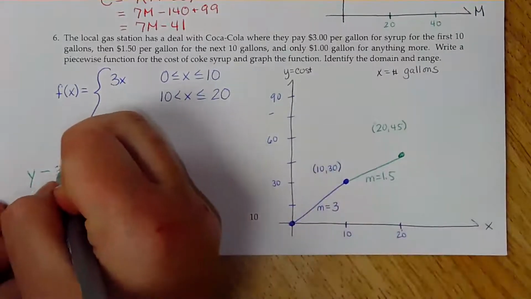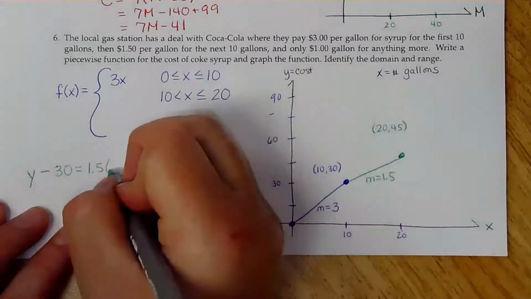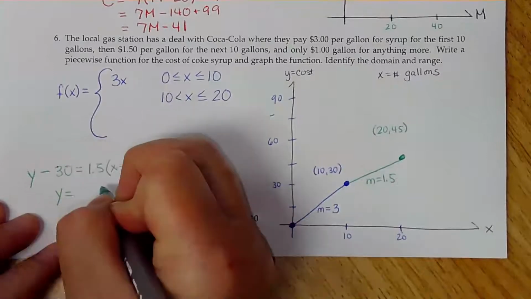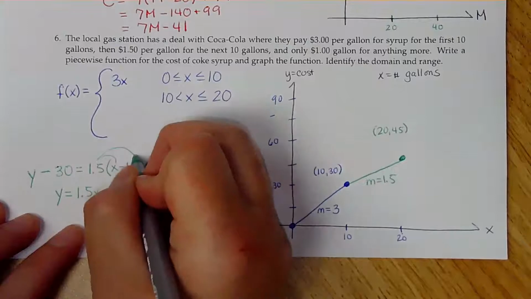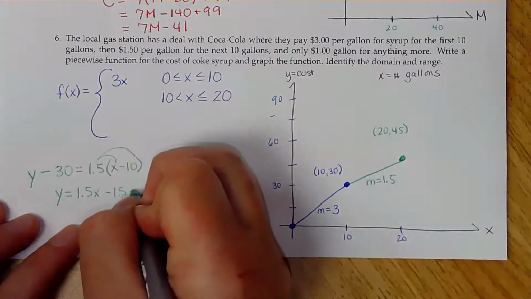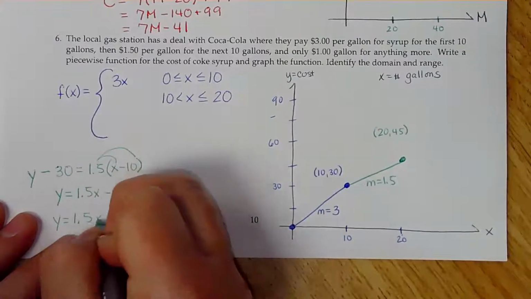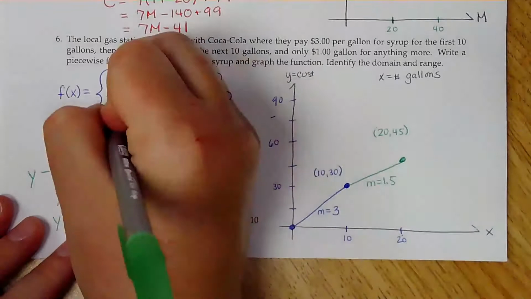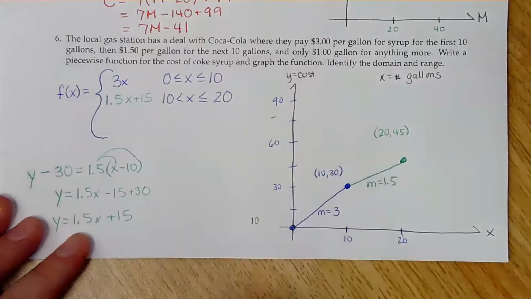So I have y minus 30 is equal to 1.5 times (x minus 10). That gives me y is 1.5x minus 15 plus 30. So y is 1.5x plus 15. I will fill that in here: 1.5x plus 15.